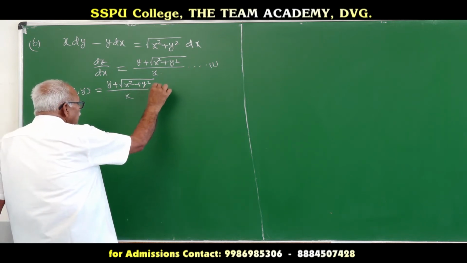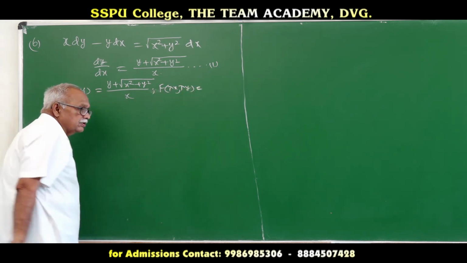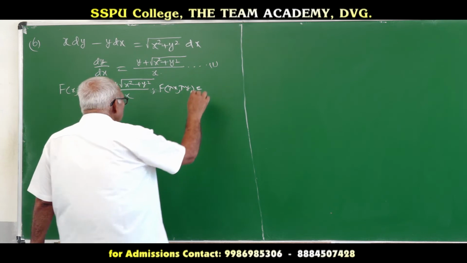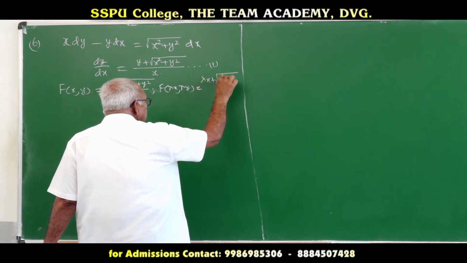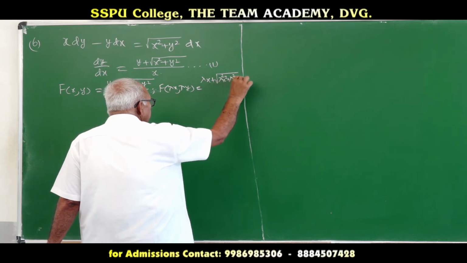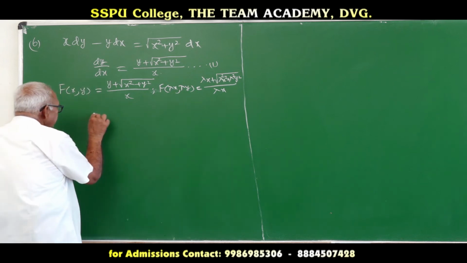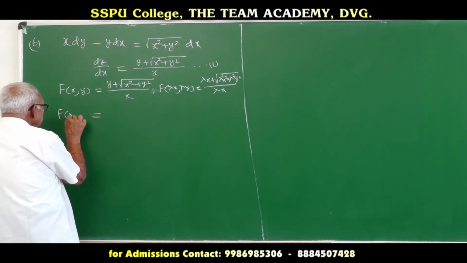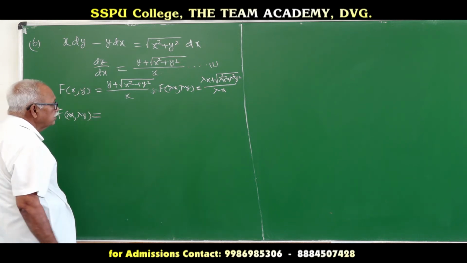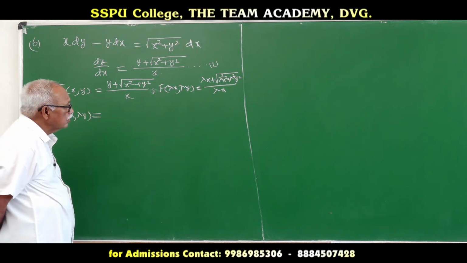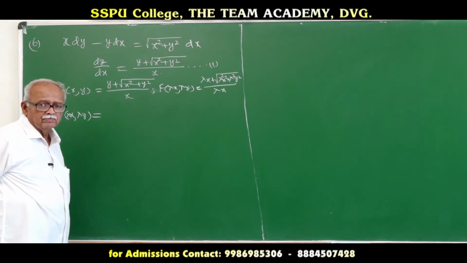Now, f of lambda x lambda y is equal to lambda y plus square root of lambda square x square plus lambda square y square by lambda x. On simplification, we get f of lambda x lambda y is equal to, see, lambda comes out of the square root also, lambda square, when it comes out it will be lambda. So, lambda is common.